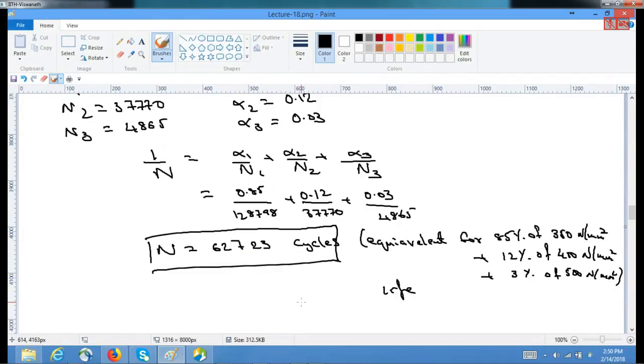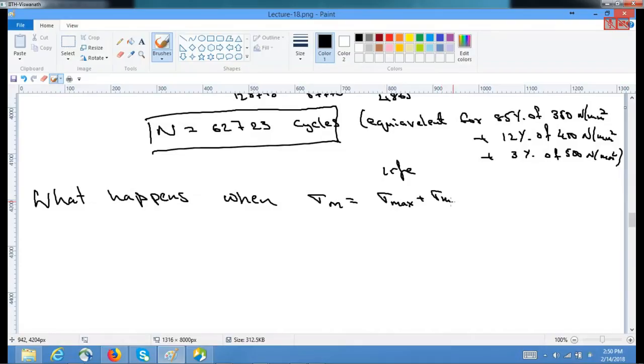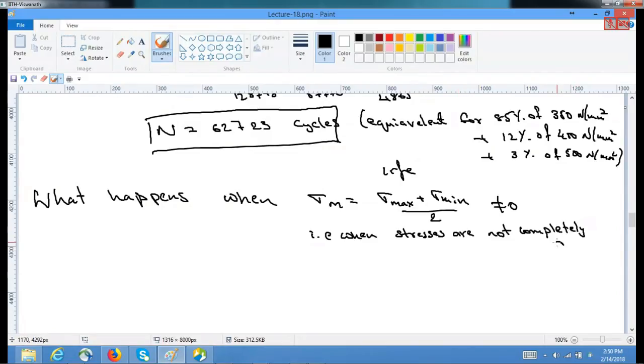So now we also have to understand what happens when stresses are not completely reversed.